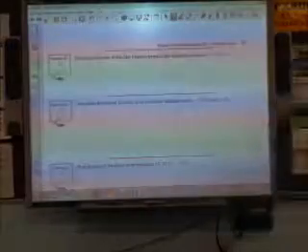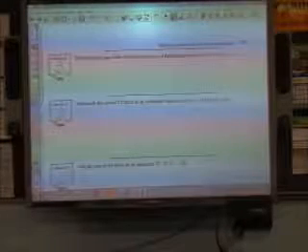First example: let's calculate the sum of the first 14 terms of this arithmetic series.